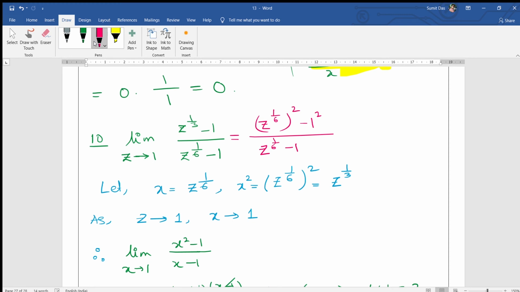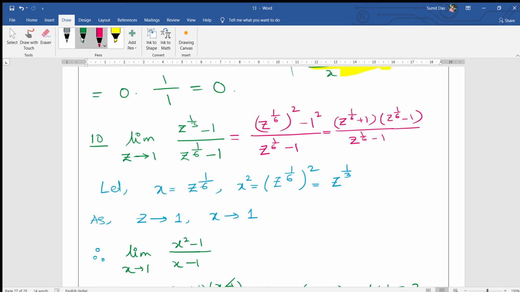Now look, a square minus b square will be z to the power 1 by 6 plus 1 times z to the power 1 by 6 minus 1, as per the a square minus b square formula.